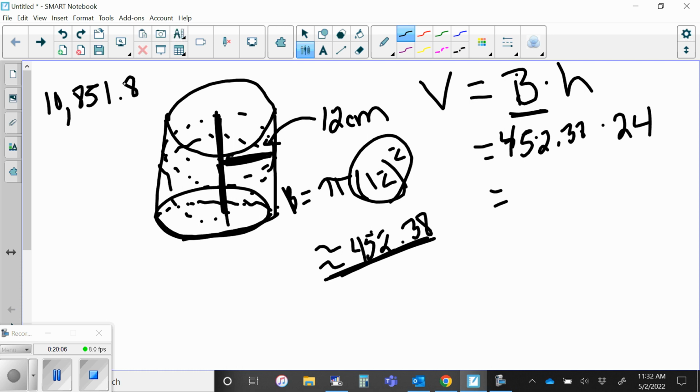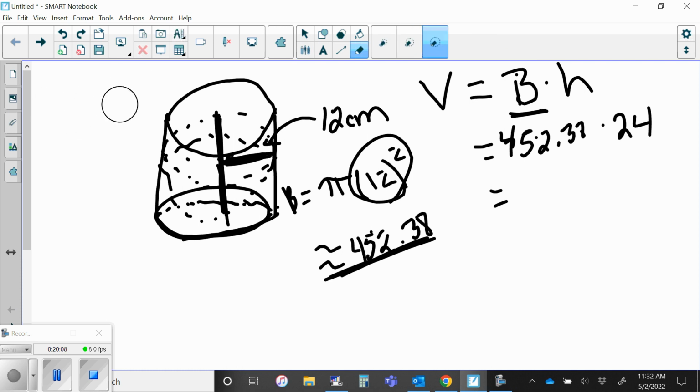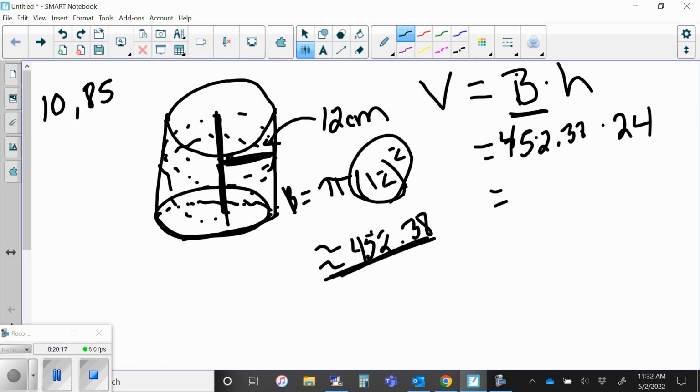What'd you guys get? 10,857. Peyton used 3.14 on his calculation. And Peyton, what did you get? 10,851. So wait, right there, do you see how far it's off?